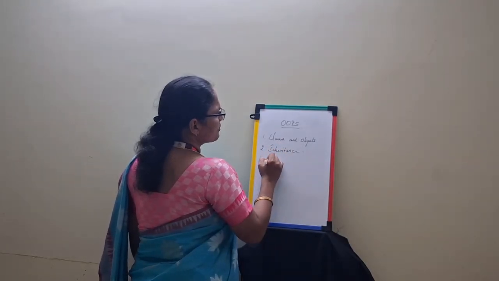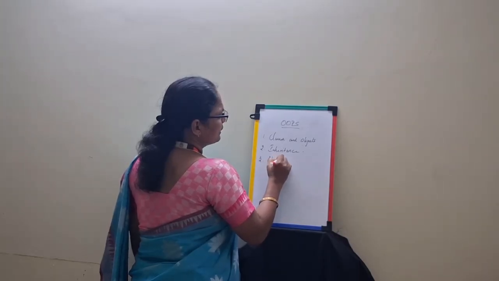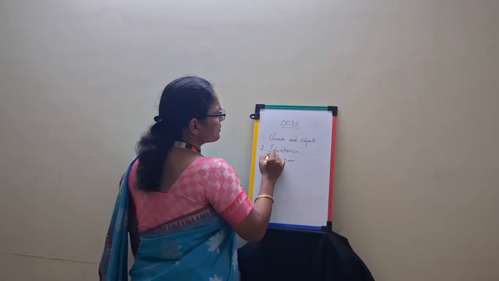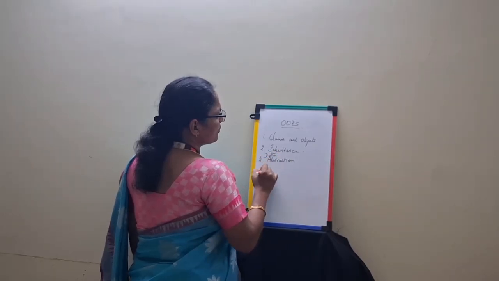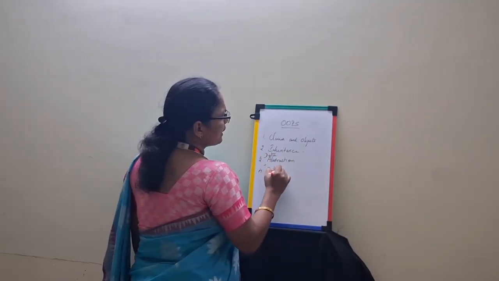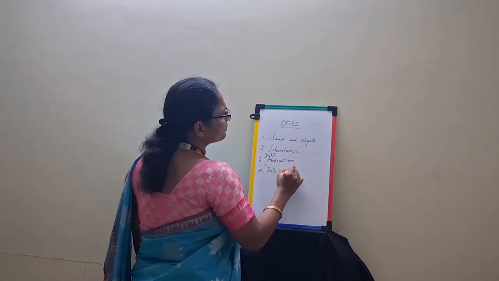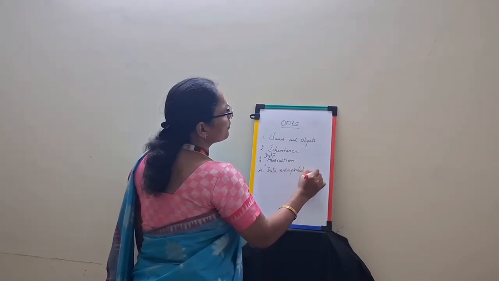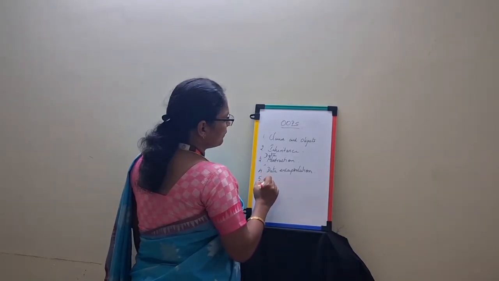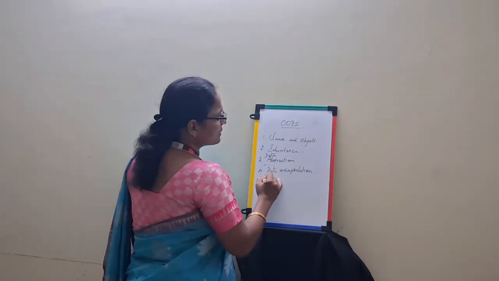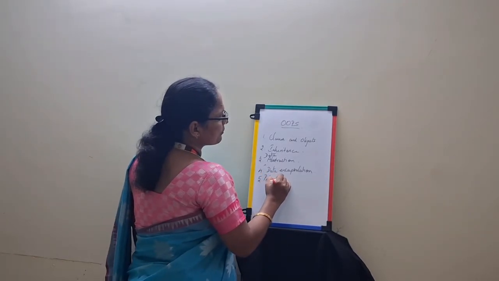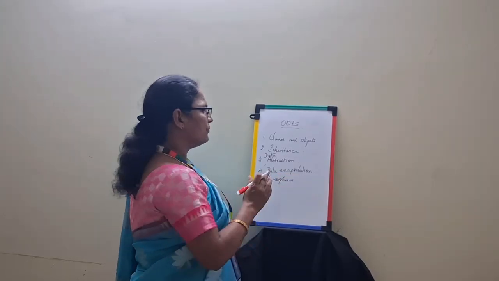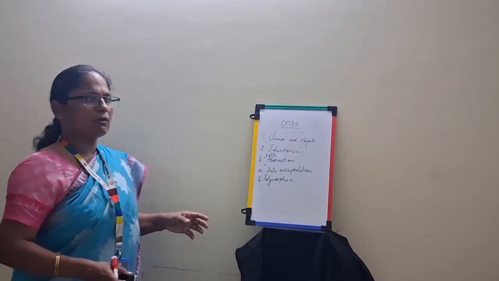It follows abstraction, data abstraction, data encapsulation, and then polymorphism. I'm just giving a few of the features which Java follows.